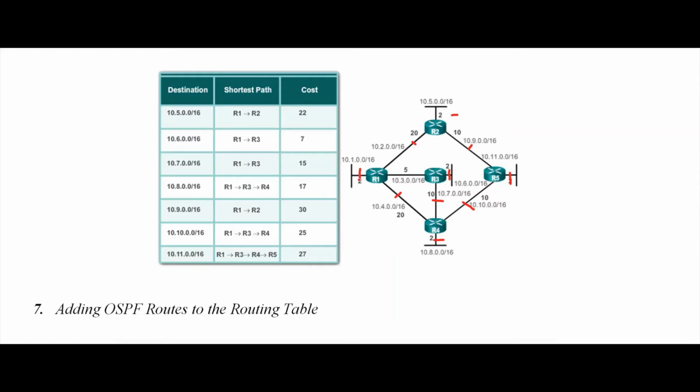Let me count it again, starting from here: 1, 2, 3, 4, 5, 6, 7, 8, 9, 10, 11. Yes, so there are 11 different networks available in this topology diagram.